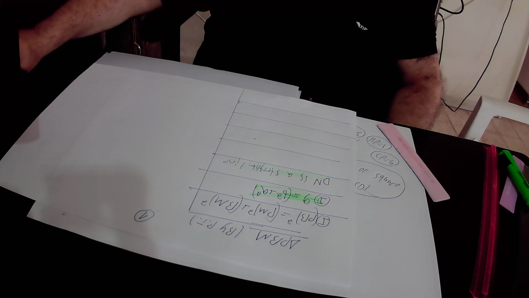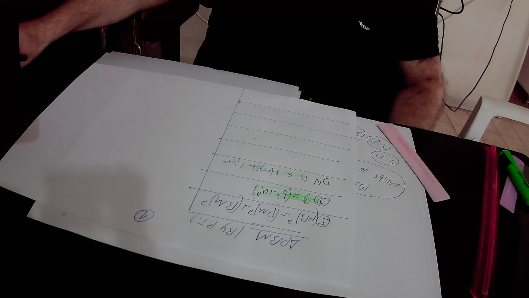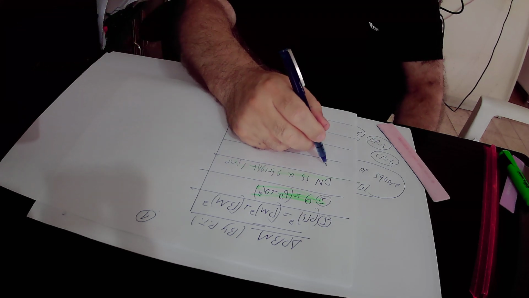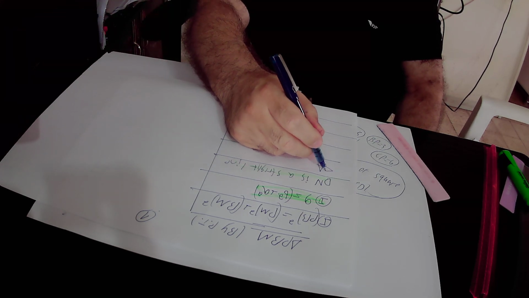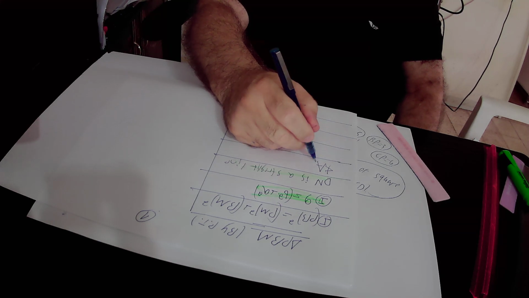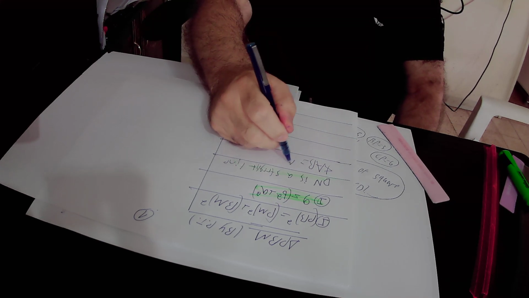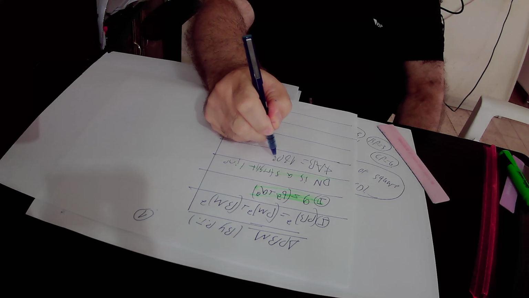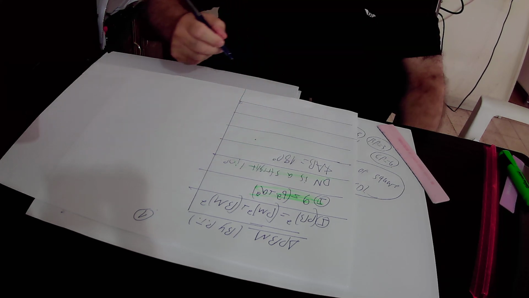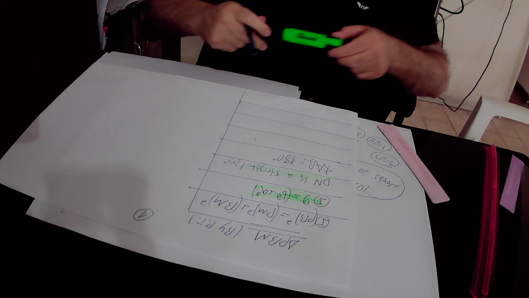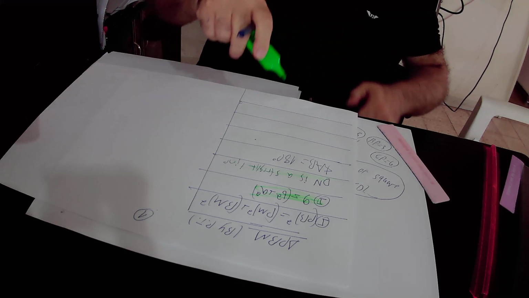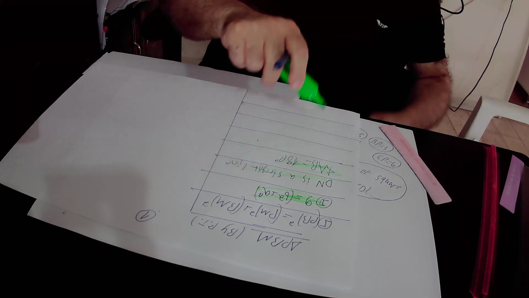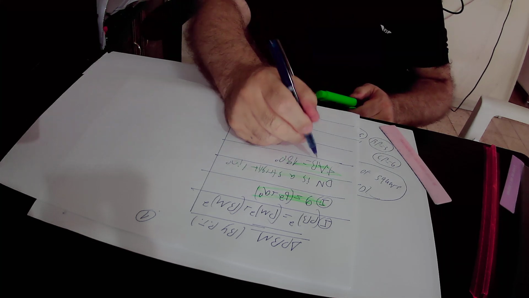Okay, angle ABM is equal to 180 degrees. And we know that any angle that is equal to 180 degrees is a straight line.